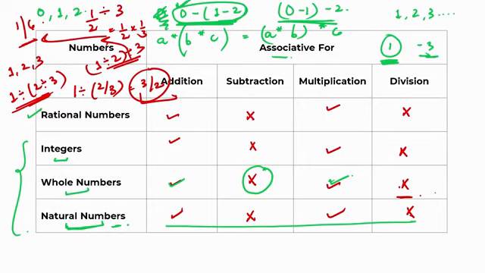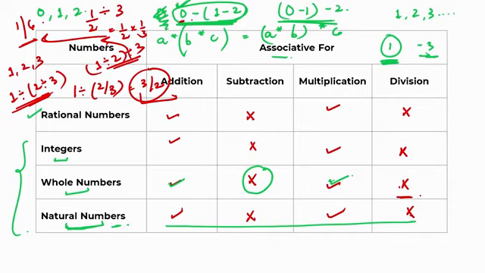Now there is one thing which you have noticed with the two examples that I have shown you. In case of division, when I was solving the equation with the help of 0, it actually came out equal. But with the example of whole numbers 1, 2 and 3, the associative property under division did not hold.